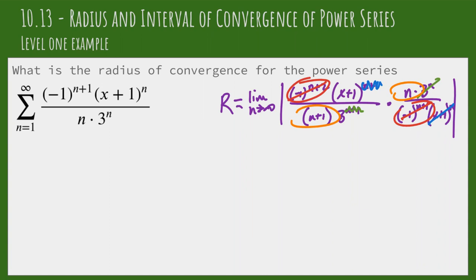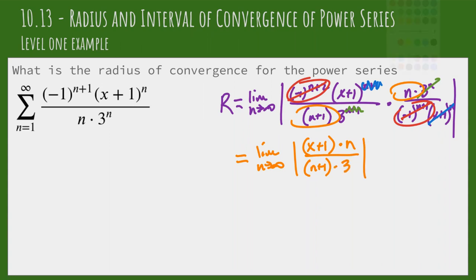So I'm going to clean this up here. What I'm writing right now is a mental step. I'm cleaning up, getting rid of the stuff that we're done with. And we have x plus 1 on top times n on top over n plus 1 times 3.